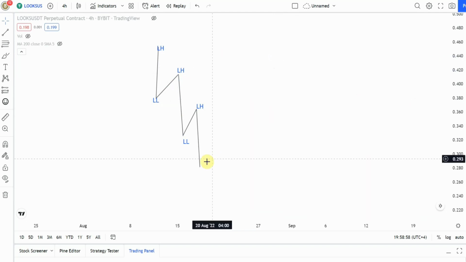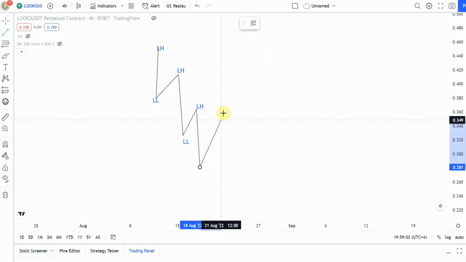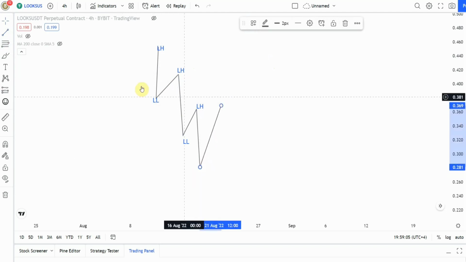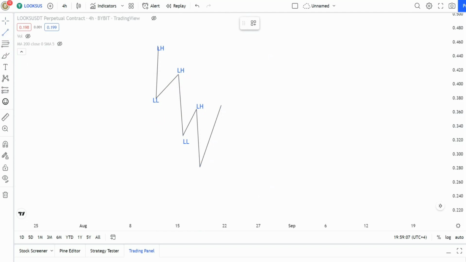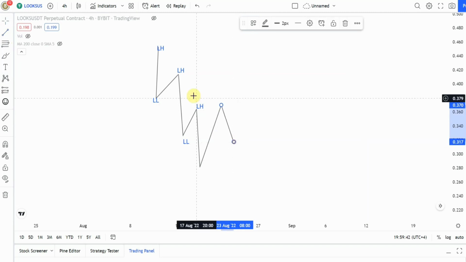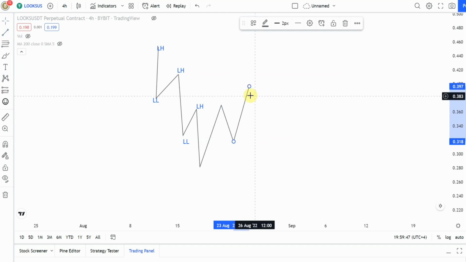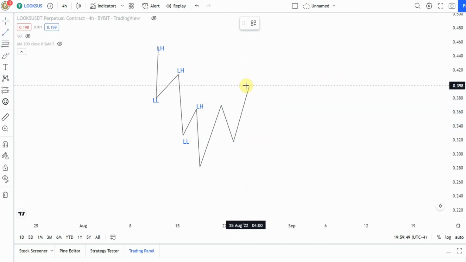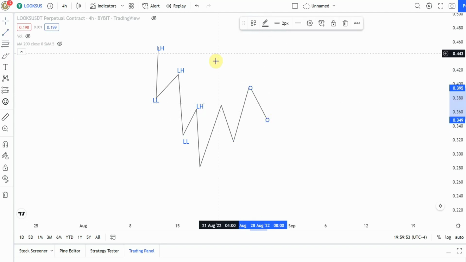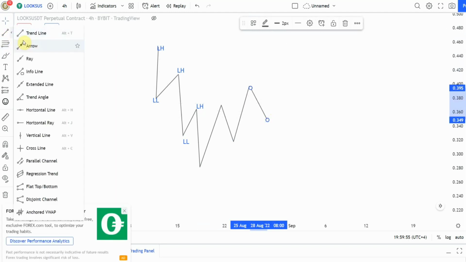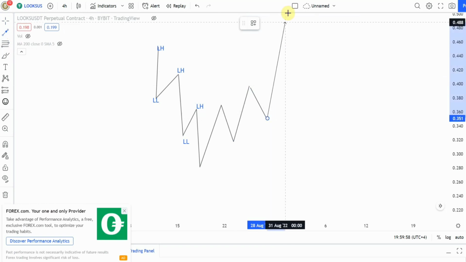So what if the market now changes and started printing like this? If the market started printing something like this and this, and you have something like this again, and we now have something like this.